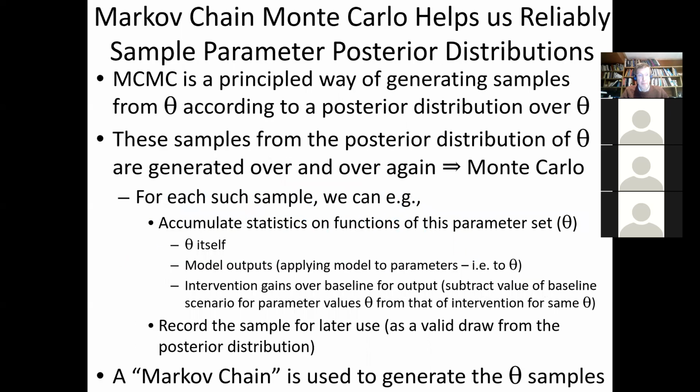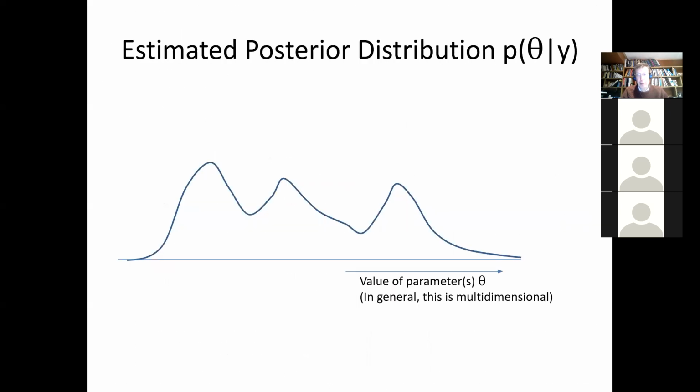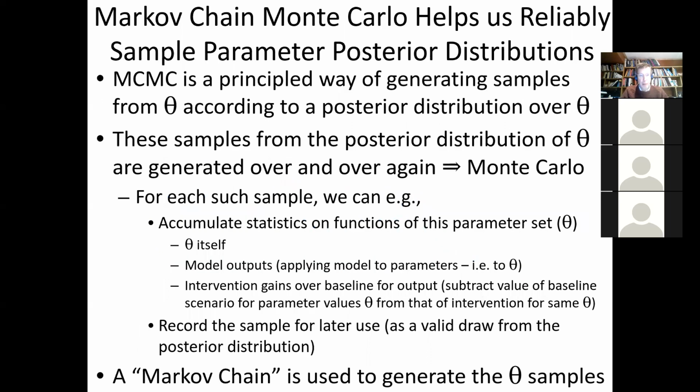So that's the idea. We're going to be sampling from this. Never is this reconstructed. We just sample from it because those samples turn out to be really valuable at a practical level. So MCMC is this principled way of generating samples according to a posterior distribution.